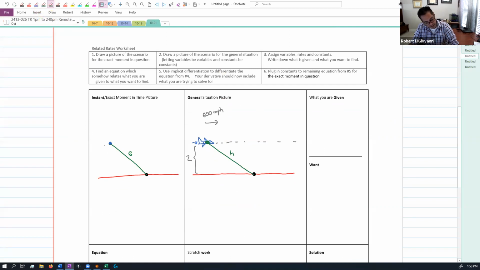And do not forget, this is still what? 2. That does not change even in the exact moment. The 2 is constant. So in this particular instance, H is 6. Okay, we all good? All right.